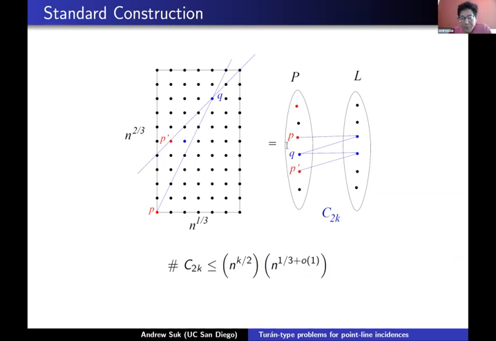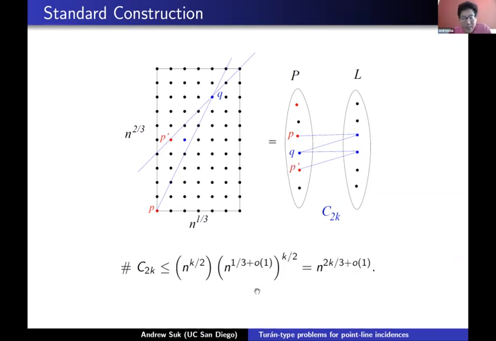And since there's k over 2 of them here, we get this quantity here. And then once you fix these k points for the cycle, since the incidence graph is K_{2,2}-free, that basically determines these k points here up to a constant factor. And so therefore, the number of cycles of length 2k would just be at most n to the 2k over 3.